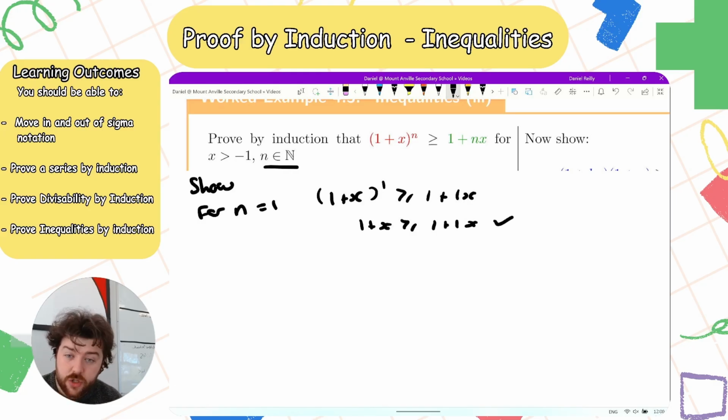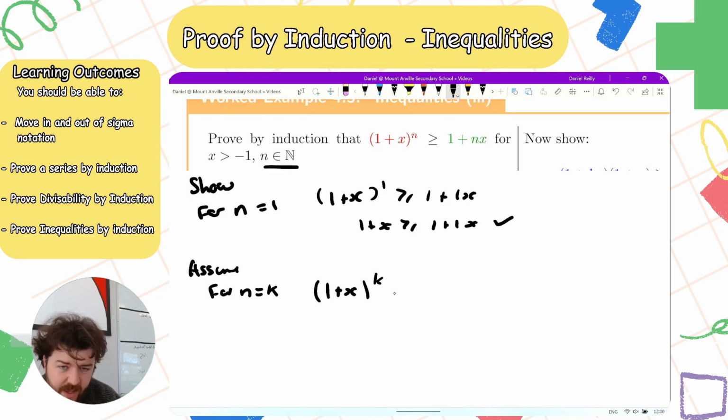Ding ding, that's true. Next step, assume for n equals k. 1 plus x to the power of k is greater than or equal to 1 plus kx. Right, assume that's true.